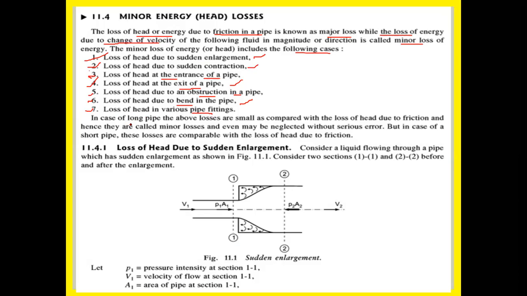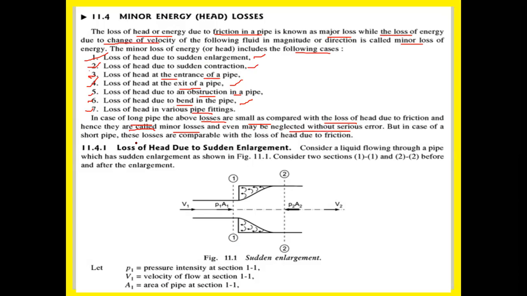So in case of the long pipe, the above losses are small. Whenever the pipe is very long, these considerations are very small compared with the loss of head due to friction, and hence they are called minor losses and can be neglected without serious error.